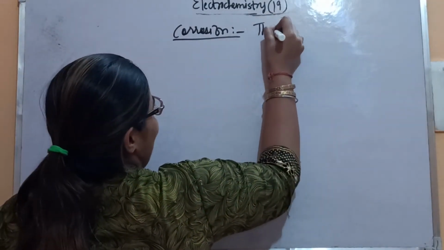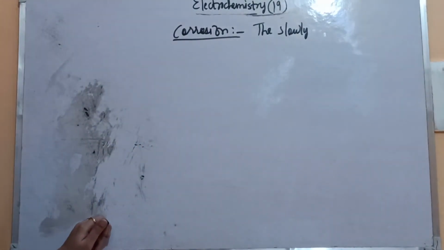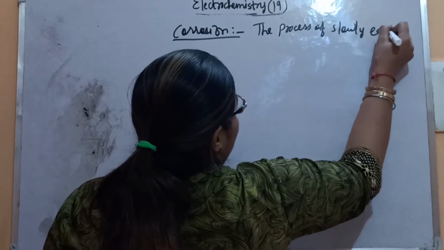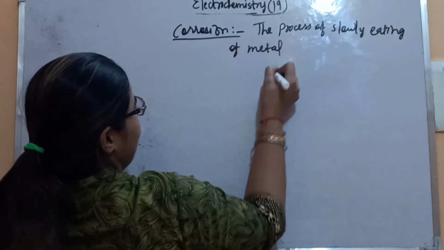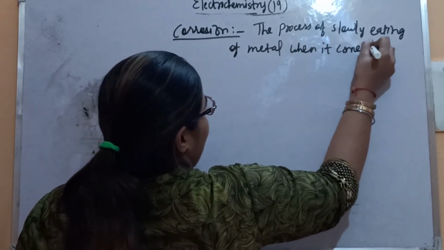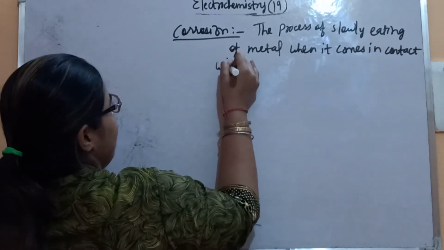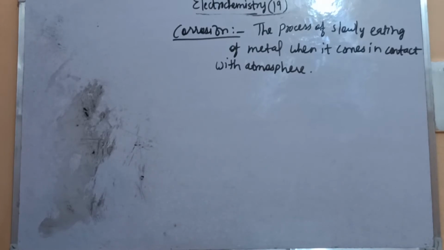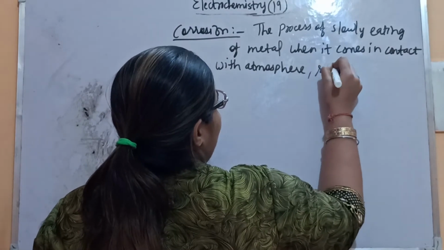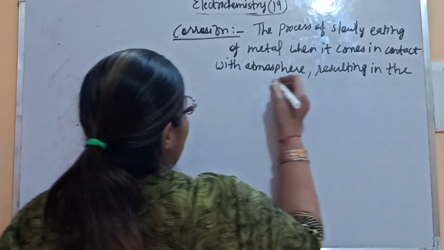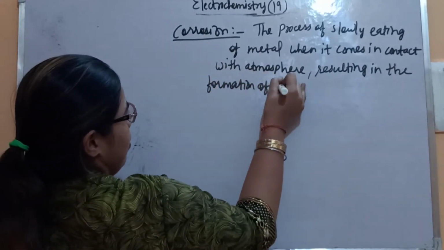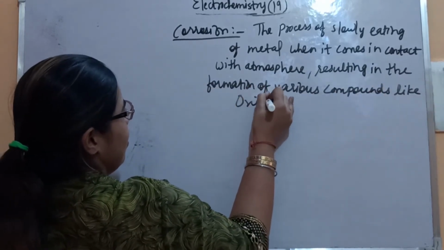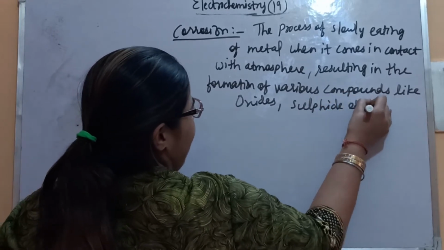So corrosion is the process of slowly eating of metal when it comes in contact with the atmosphere, resulting in the formation of various compounds like oxides, sulfides, carbonates, sulfates, and so many others.